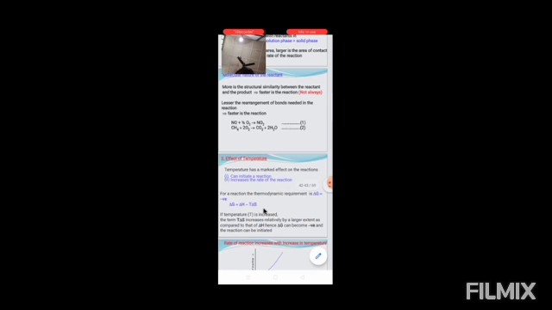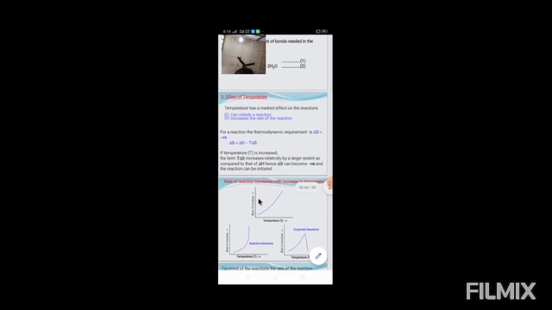Delta G is given by delta H minus T delta S. If temperature is increased, then T delta S increases to a relatively large extent as compared to delta H. Hence delta G can become negative, and thus the reaction can start spontaneously. This is our thermodynamic concept of how temperature changes the rate of reactions.